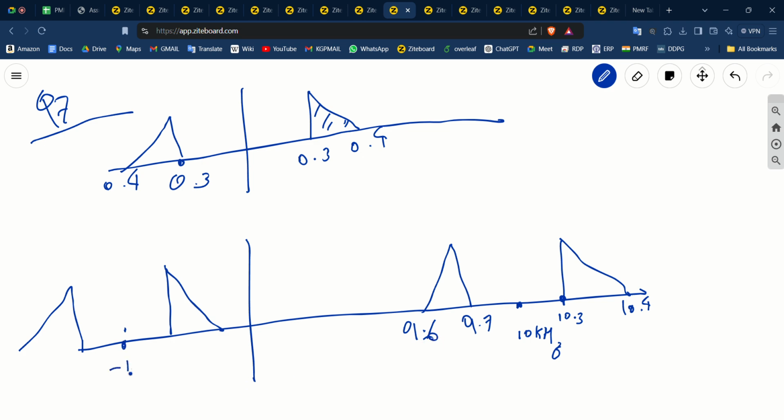This will be minus 10. Okay, and this will be accordingly minus 9.7, minus 9.6, minus 10.3, minus 10.4.